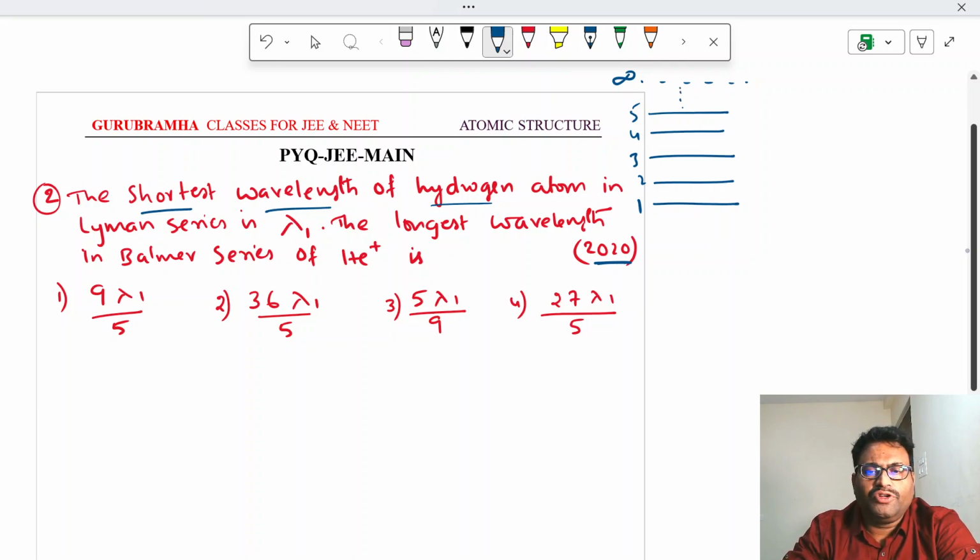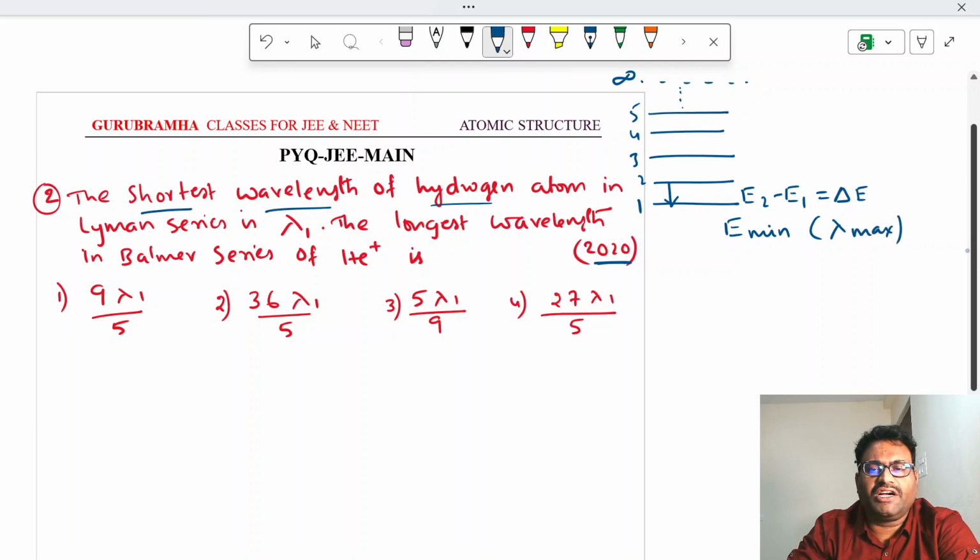If the electron returns from 2 to 1, then the energy difference will be E2 minus E1, and this will be delta E. That energy will be minimum energy, and this minimum energy will have maximum wavelength.